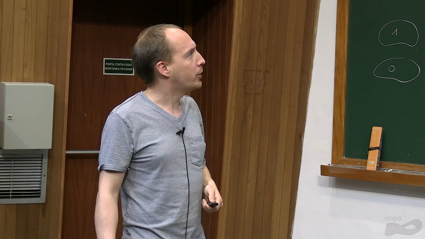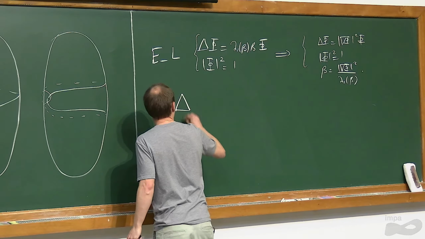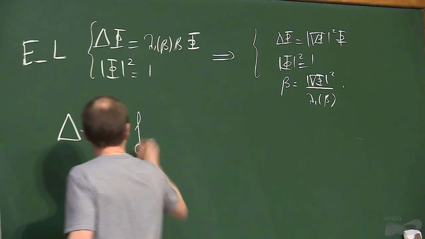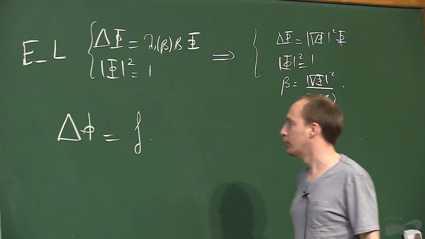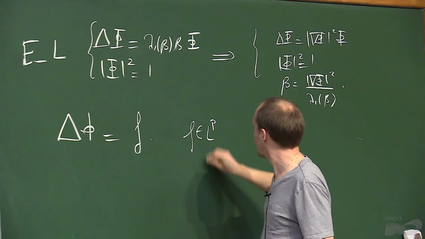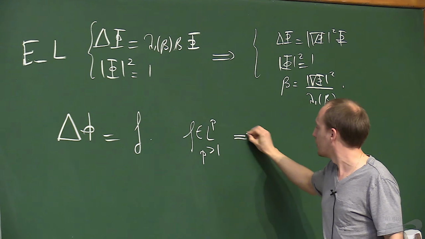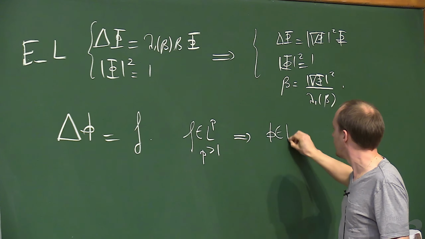Moreover, you have another property, which is that you have elliptic estimates. Elliptic estimates are maybe well known to you. If you have an equation like this, you know that, for instance, if f belongs to L^p with p bigger than 1, then phi belongs to W^{2,p}.